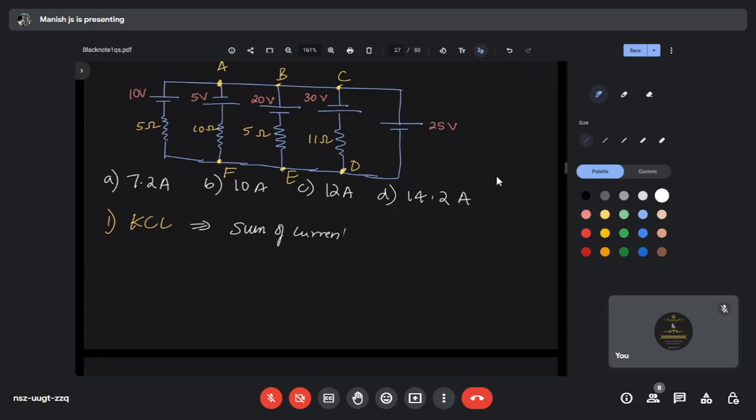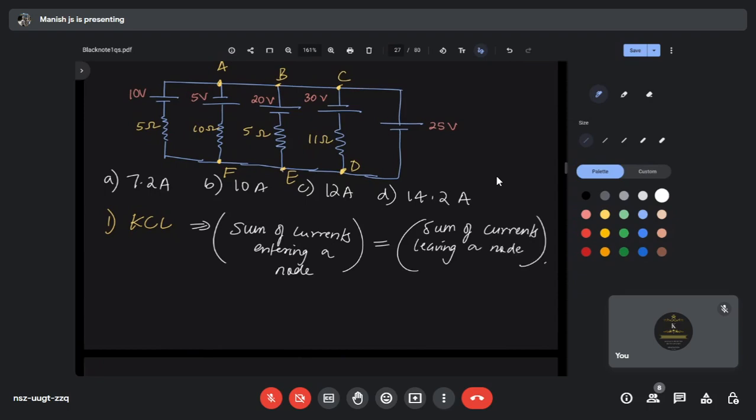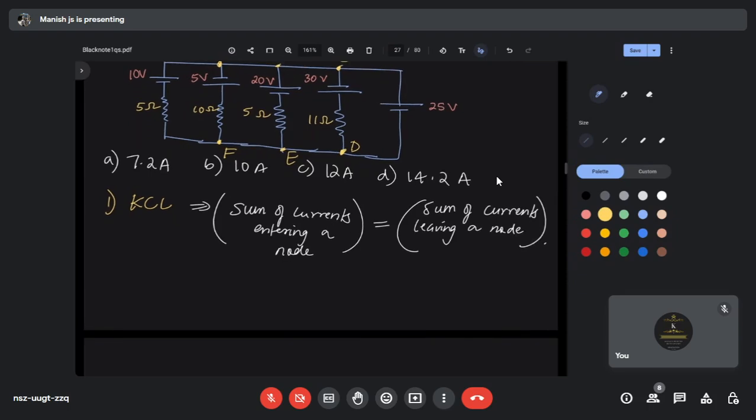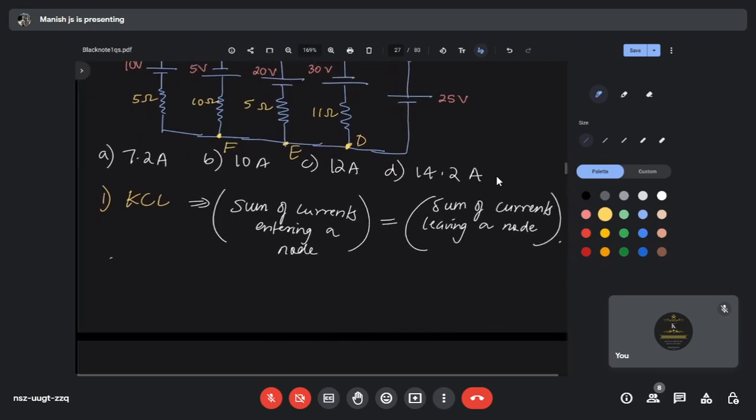In short, how we are expressing this is the sum of currents entering a node is always equal to the sum of currents leaving a node or a junction. So that is what KCL is. Similarly, what is KVL?